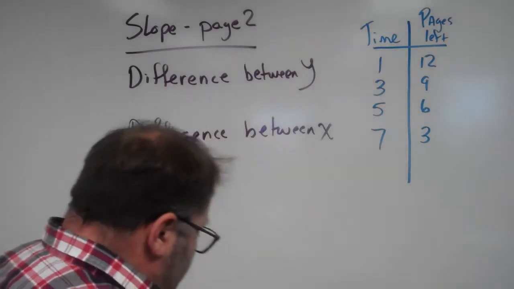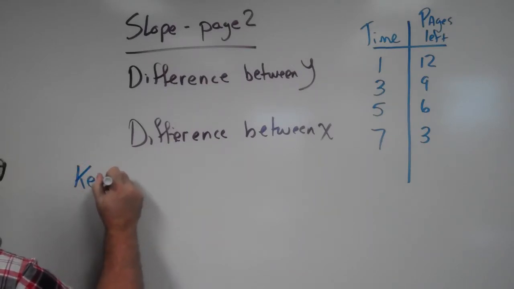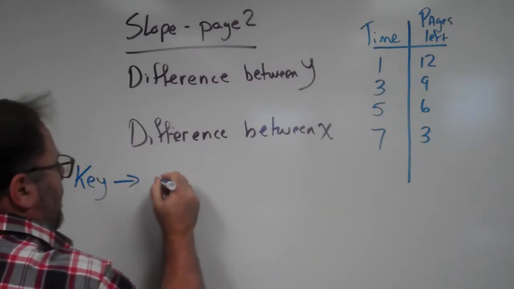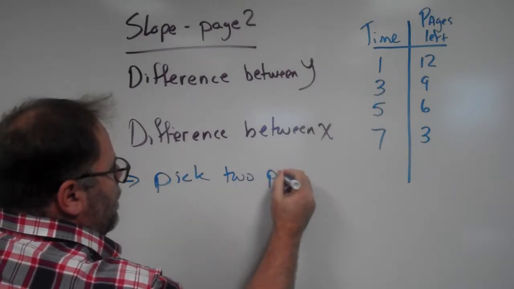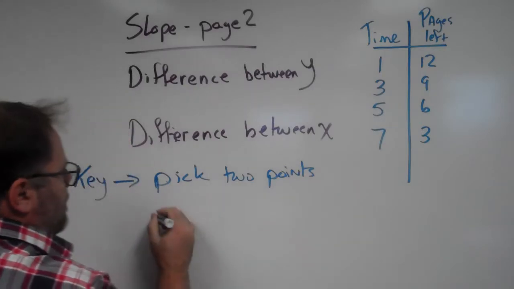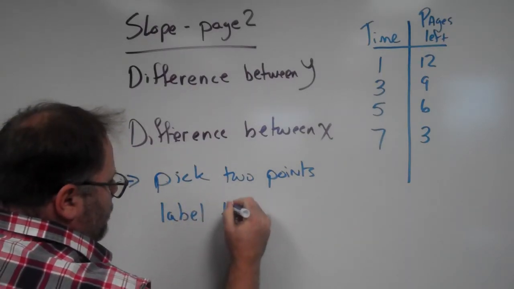And the key for this is the most important part. The key is: pick 2 points and label those points.